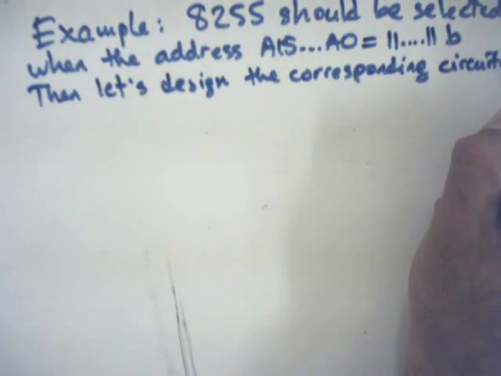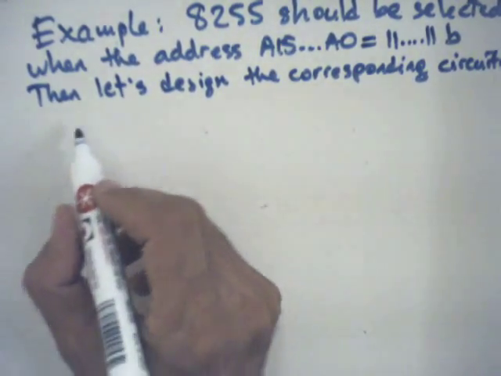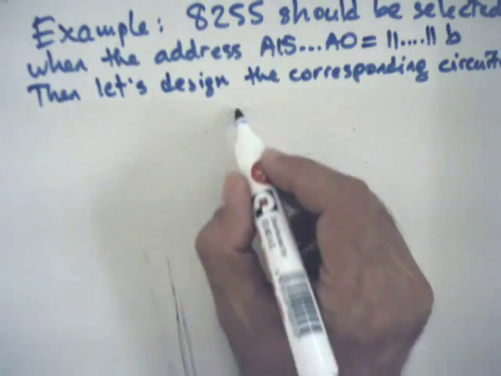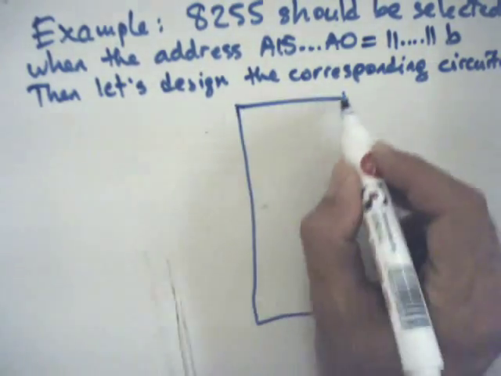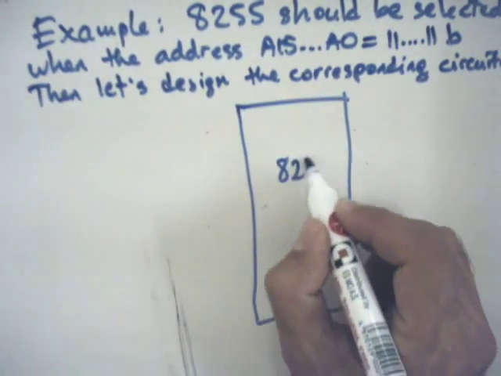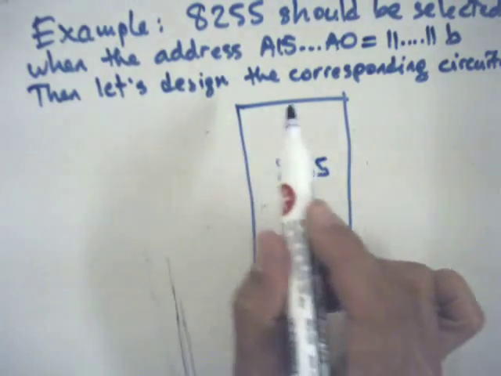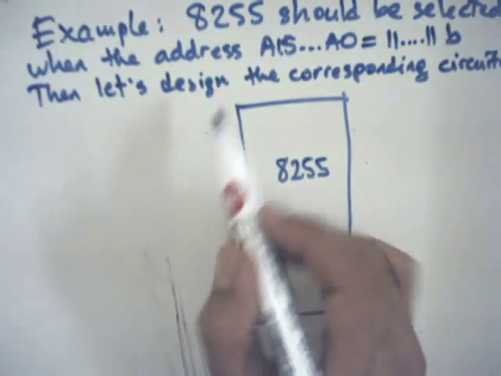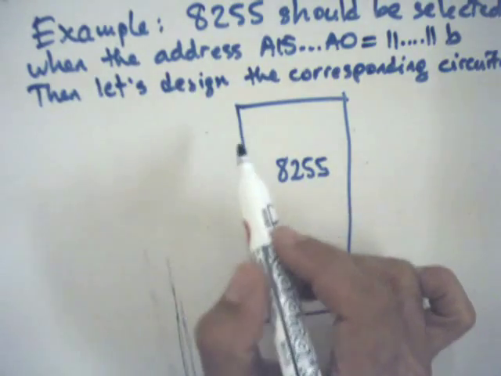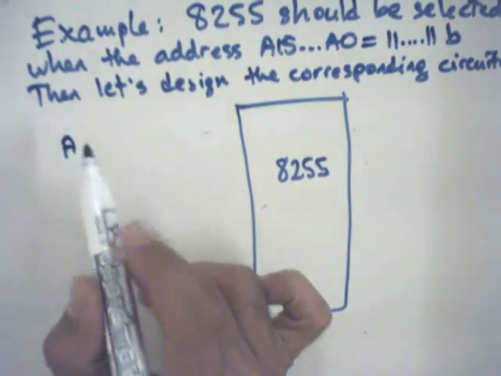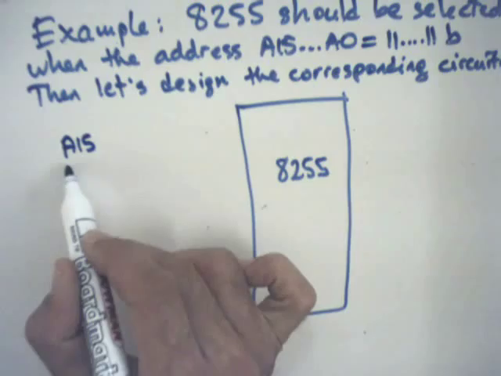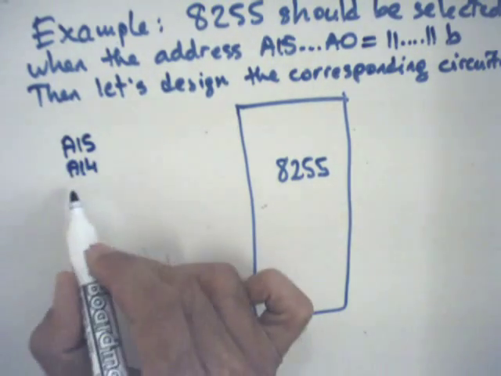So this is 8255, and assume all other control signals are not shown here. We show only A15, A14, A13, A12, A11, and so on.